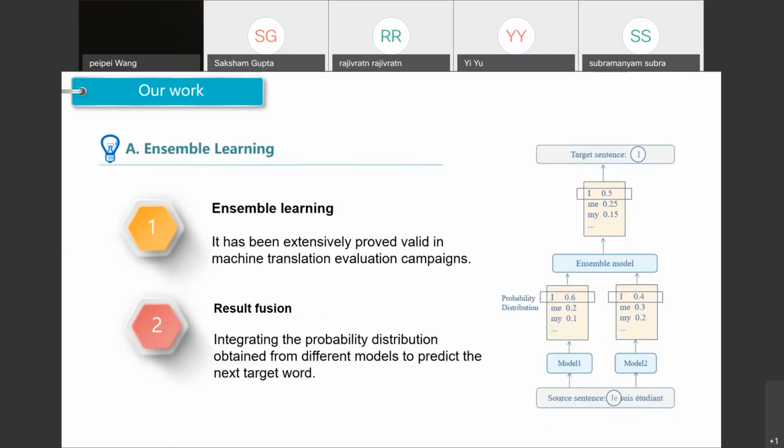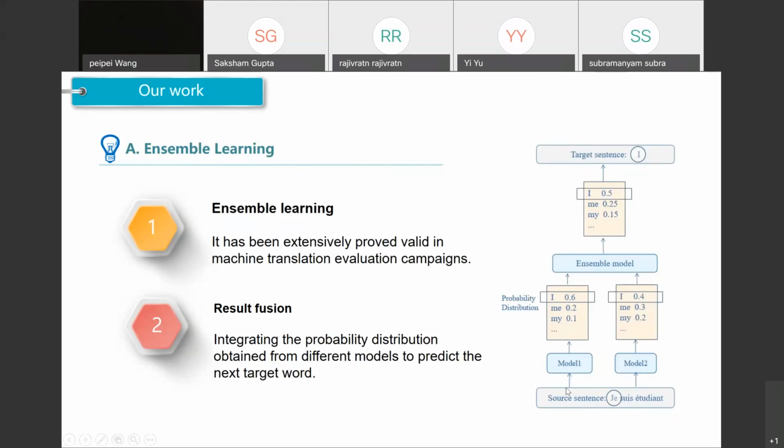It's helpful to improve the performance of a single model. In our paper, we propose a method of result fusion applied in the decoding process, which integrates the probability distributions obtained from different models to predict the next target word.